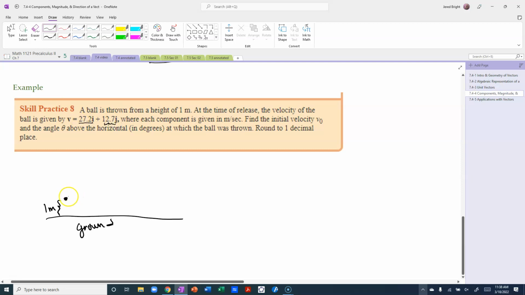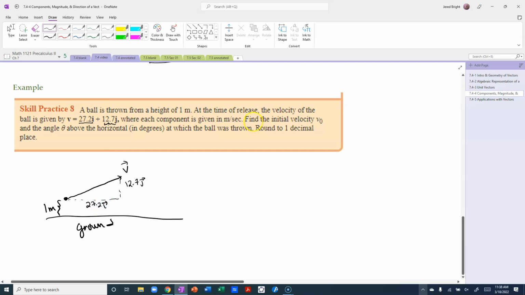So it's going diagonally, a little bit more horizontal than vertical. This would be its velocity vector. And if you needed to label this, you certainly could. You could say this is 12.7 j, and this would be the 27.2 i to indicate horizontal and vertical.